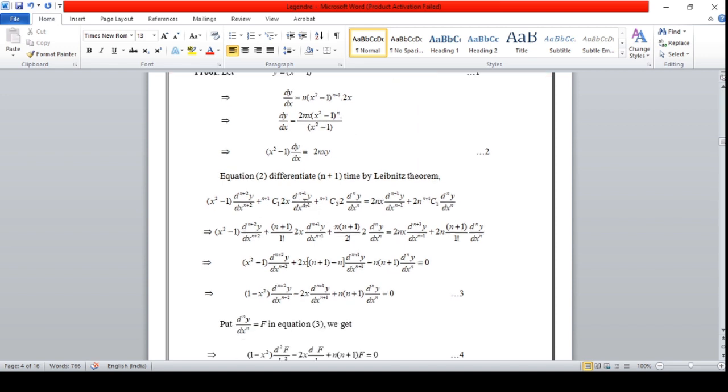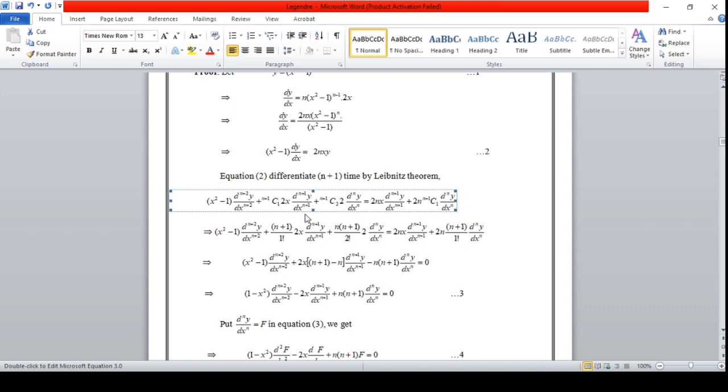The first function is x squared minus 1, and the n plus 1 derivative of dy upon dx means d^(n+2) y upon dx^(n+2), plus nC1 times the derivative of the first function, which is 2x, times d^(n+1) y upon dx^(n+1), plus nC2 times the second derivative of the first function, which is 2, times d^n y upon dx^n.